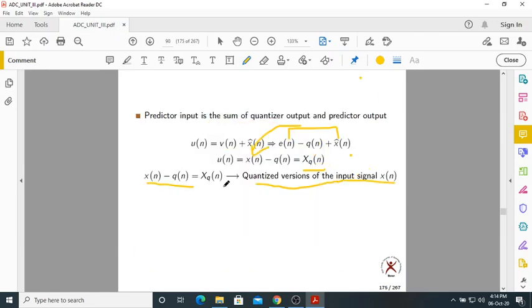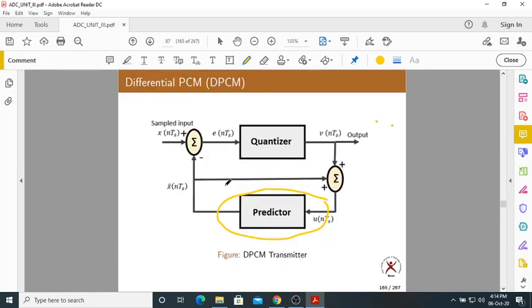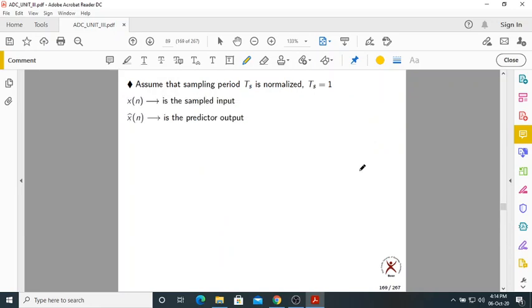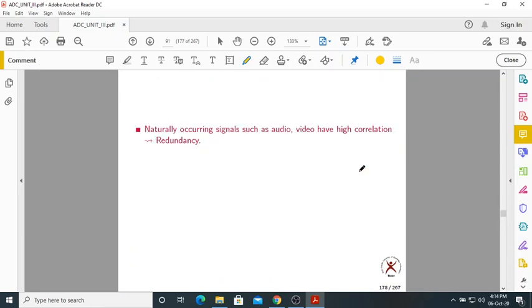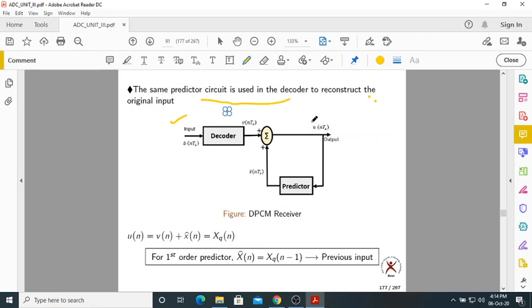As I told you, let me go back, there should be an encoder here. So what should the receiver contain? The first block should be the decoder, followed by the same predictor circuit.